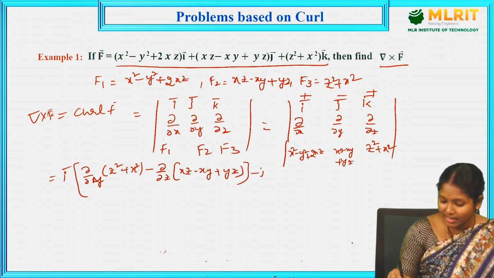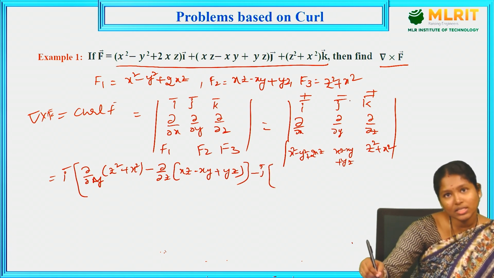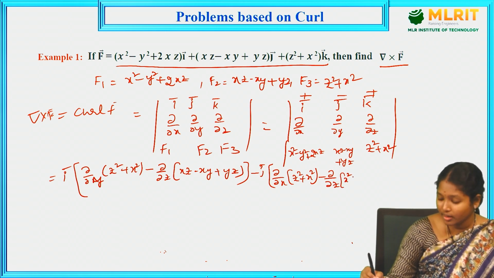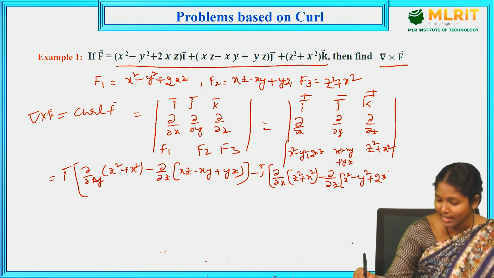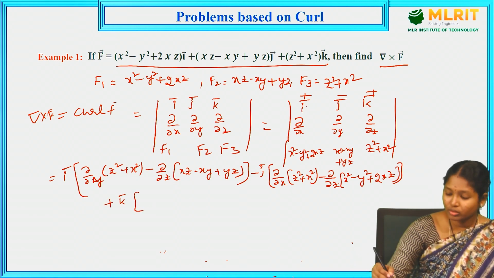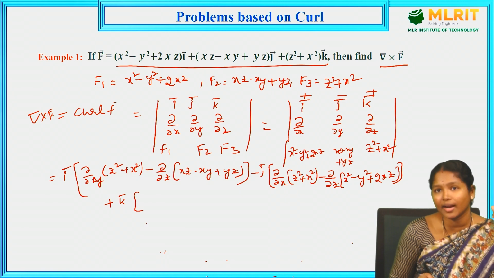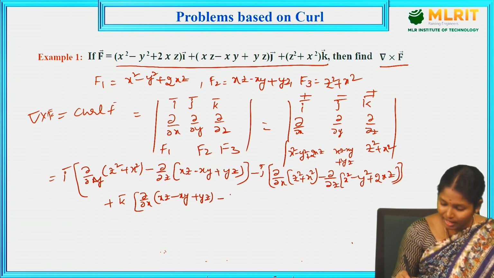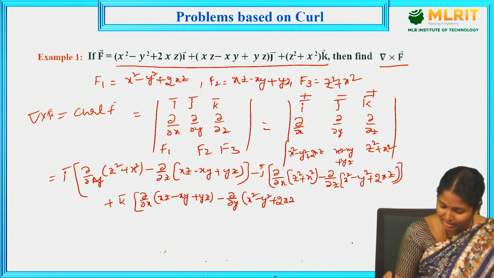Then minus j bar into, eliminating the first row second column, dou by dou x into z square plus x square minus dou by dou z into x square minus y square plus 2xz. For k bar, plus k bar into, eliminating the first row third column, dou by dou x of xz minus xy plus yz minus dou by dou y into x square minus y square plus 2xz.